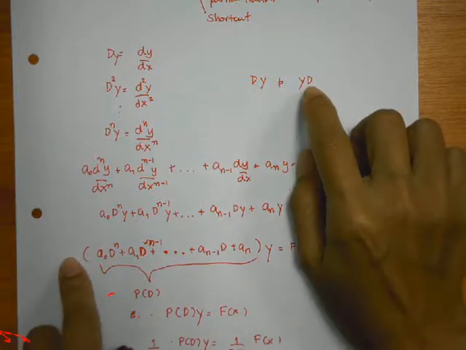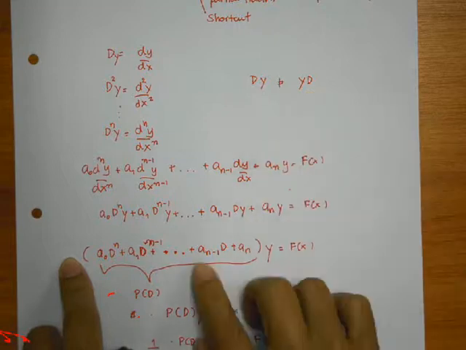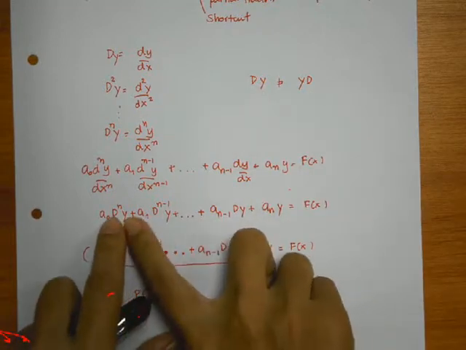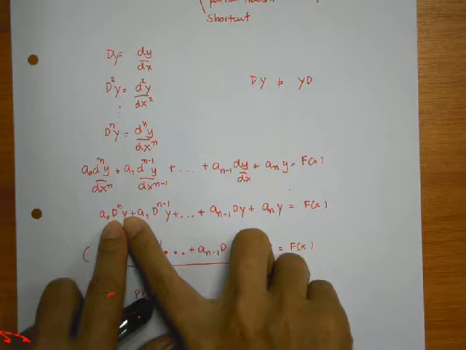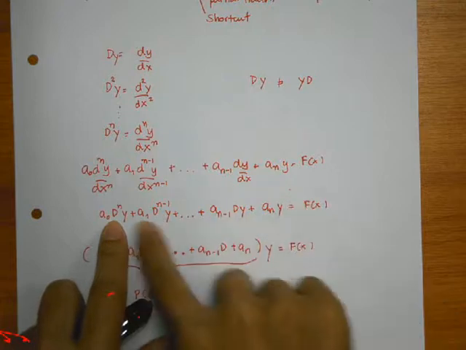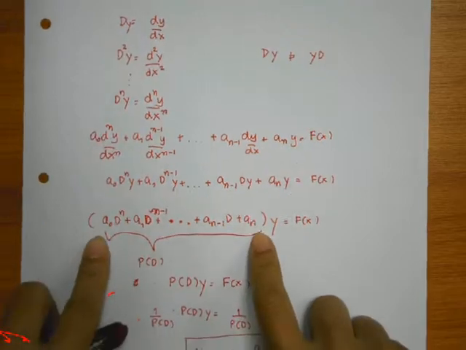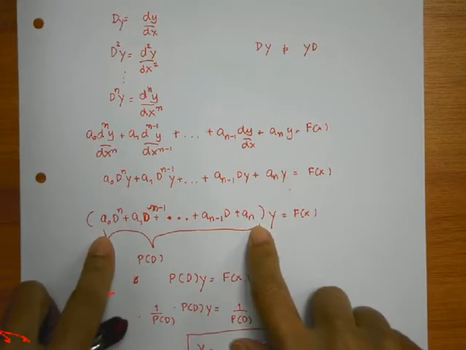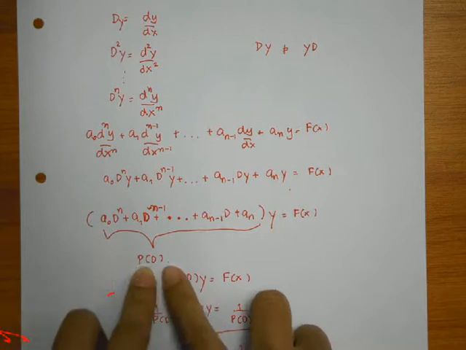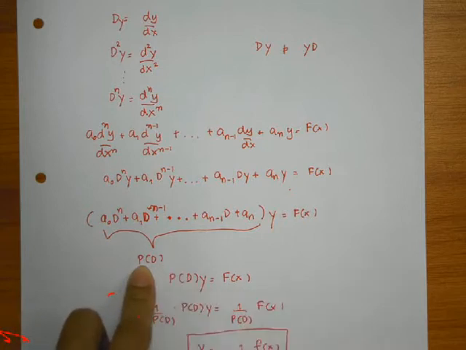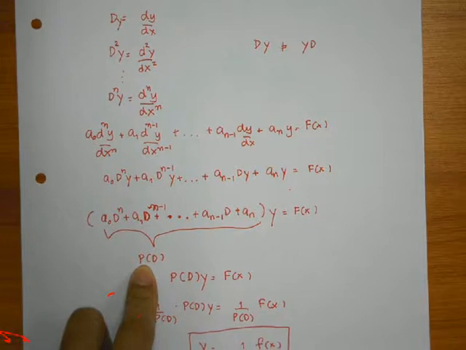In our equation, y is just behind D, so when you take it out, you have to put it on the back. The term inside the parenthesis there, we call P(D). P(D) means a function of D, where D is the operator.